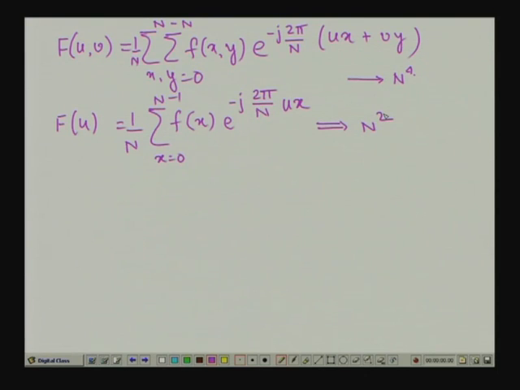And each of these computations are complex addition and multiplication operations. So, you find that a computational complexity of N square for a data set of size capital N is quite high.